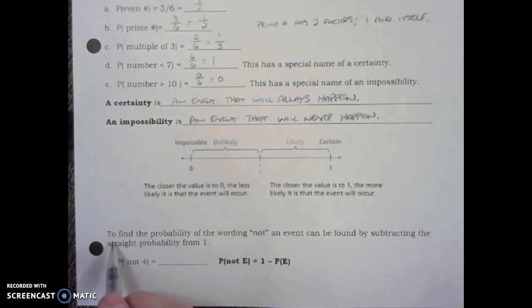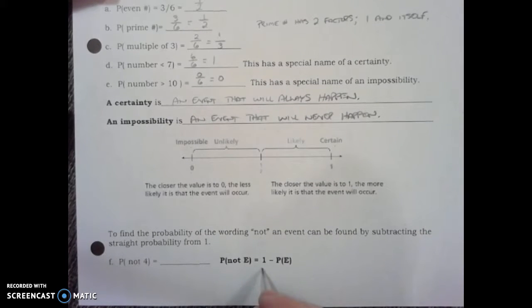One more thing that we can talk about: to find the probability when the word not is in the event, it can be found by subtracting the straight probability from 1. For example, what's the probability when you roll a die that you will not get a 4? Well, we know that there are 6 possibilities on a die, which is equal to 1, 6 out of 6.